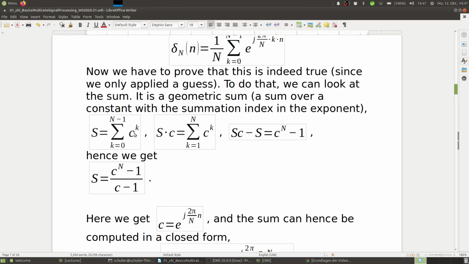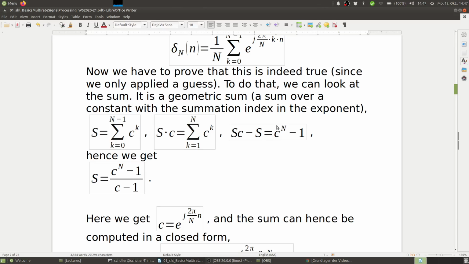Then we get c to the k plus 1, right? And that's the same as having c to the power of k, but just shifting this index by 1. Then we can take the difference of the two, and most of those summands will disappear except for the first one in this one and the last one in this one.